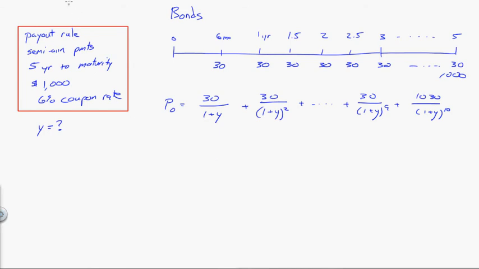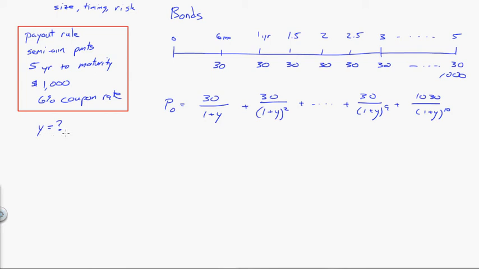So remember what you need to know with valuing any cash flow stream. You need to know the size, timing, and risk of the cash flows. Well, we have here the size and the timing of the cash flows. Y is going to tell us the risk of those cash flows.